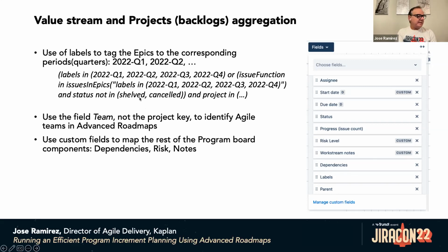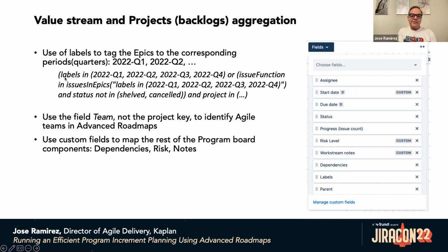All right, so based on the labels, and this is an example. Of course, you can use another kind of filters. Here you can see this is an accumulated program board, and the filter that I'm showing in the slide is for the entire year.